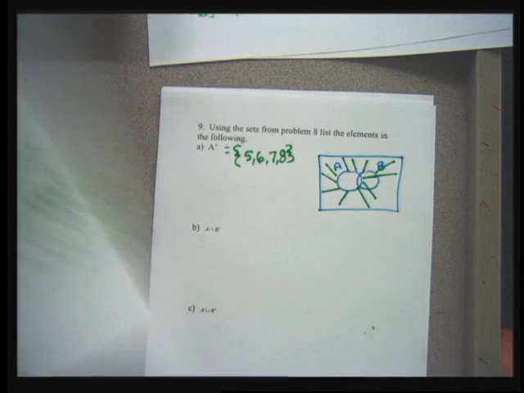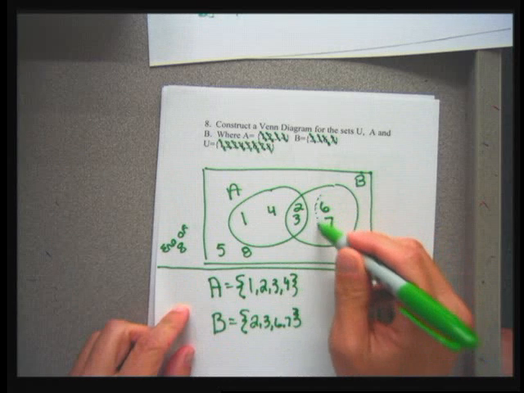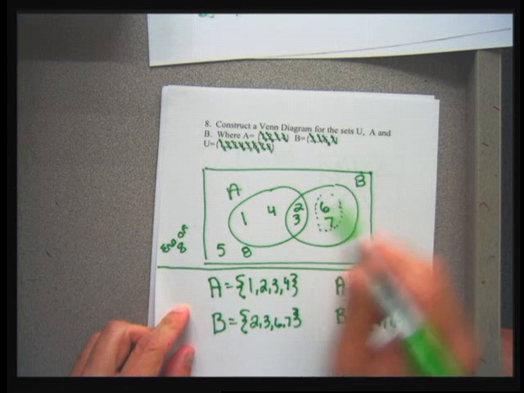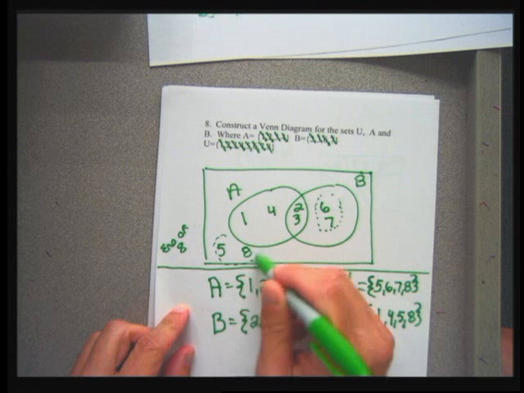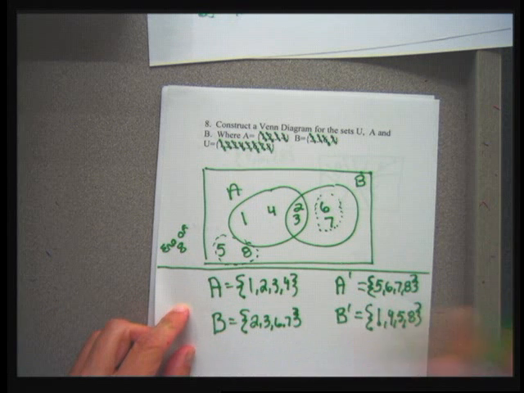And when I look at my Venn diagram, the numbers that aren't in the A circle are that 6 and that 7 and that 5 and that 8. Because A prime implies in the universe but outside, or A complement. Prime and complement we use interchangeably. Those 4 numbers are outside the A circle.